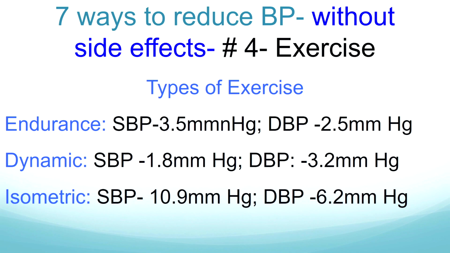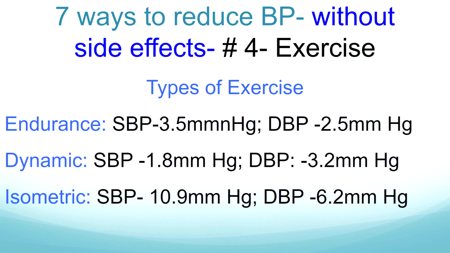Now next we're going to look at exercise. Exercise is another thing that can be used to reduce your blood pressure naturally. Now this was amazing research to me. I knew exercise was good for your blood pressure, but I didn't know what types of exercise specifically.